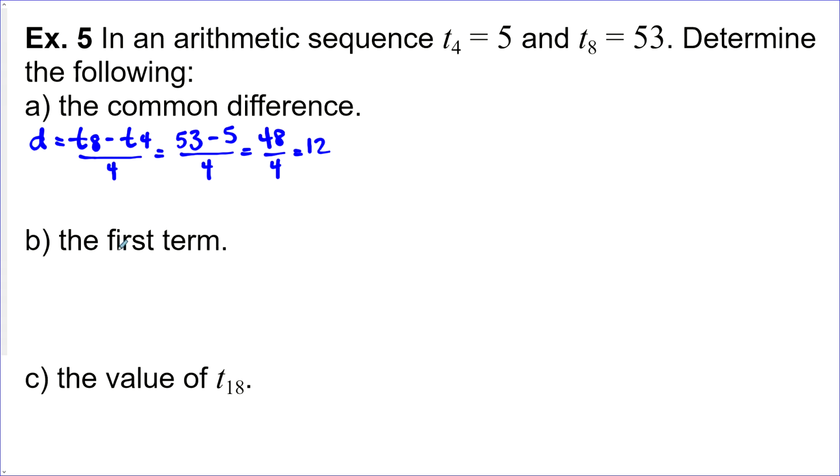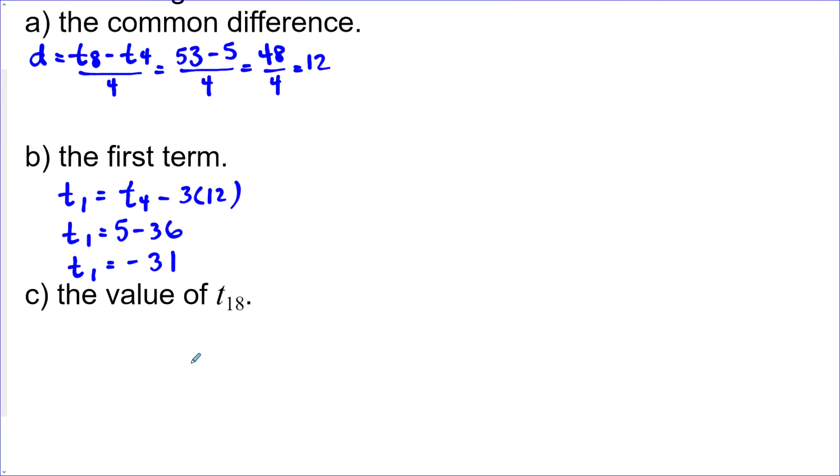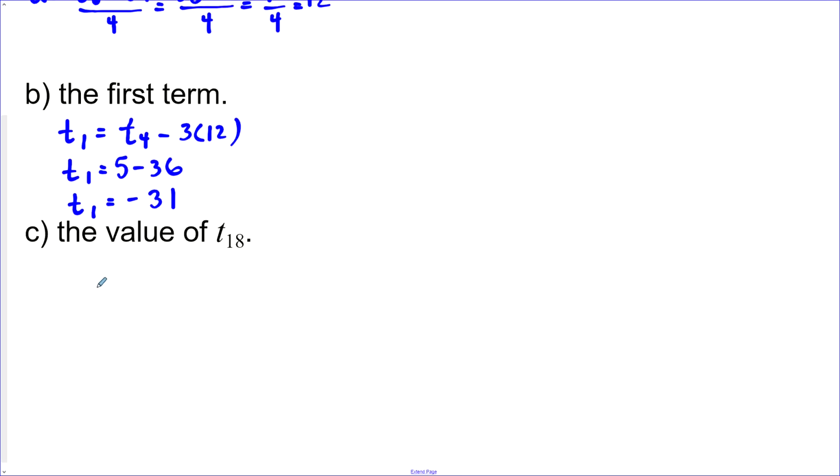Now I want the first term, and if we just think about this, really the first term is the fourth term minus the common difference 3 times. So just do this. T4 is 5, and this would be minus 36. So our T1 is negative 31. And we want to find the value of T18. Now we have the common difference and we have the first term, so we can put these together and write our general term.